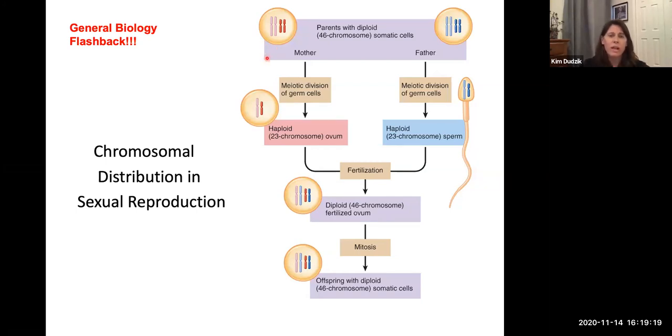So the germ cells are the diploid cells that are inside of the testes and the ovaries. And these are the cells that are going to divide to make the haploid gametes, or the haploid egg or sperm, as the case may be, right? So each haploid gamete has, let me try to move my picture. There we go.